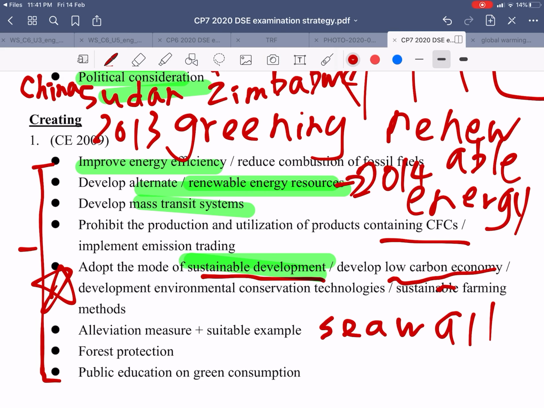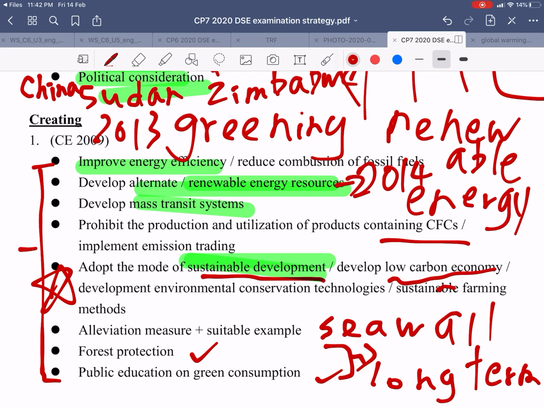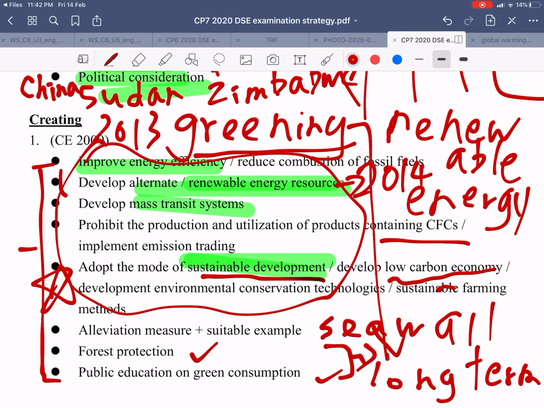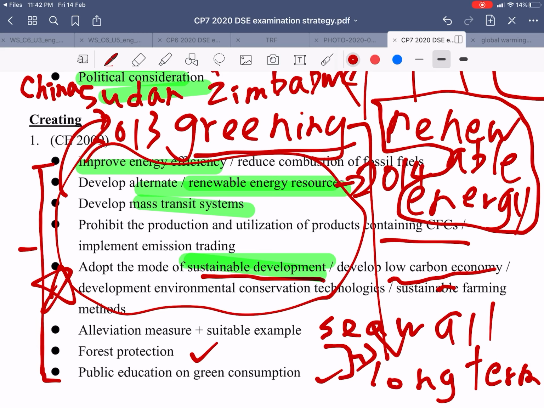But forest protection, public education of green consumption, but definitely this kind of thing is long term. But for other, it is relatively short term, okay. So you can think about it, okay. If they are asking you about something long term, then actually, we have a lot of short-term measures to deal with it. Oh, how about short-term? Actually, this one is not very short-term.